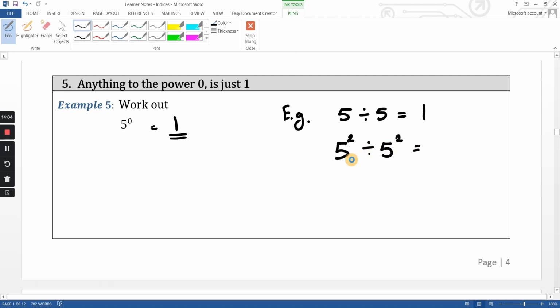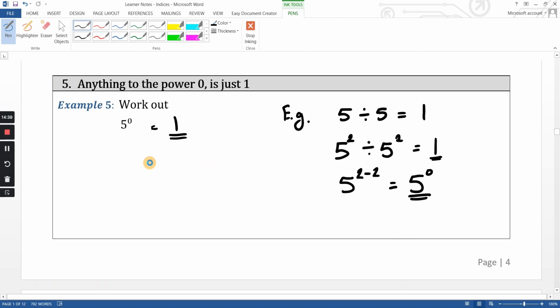Again, 5 to the power 2 divided by itself is going to give you 1 as well. But when you're dividing, remember rule number 2, we can take away the powers as well. So another way of saying this is 5 to the power 2 take away 2, because you're taking away the powers, and 2 take away 2 gives you 0. So this must mean this as well. So they both mean the same thing. So this is the logic behind it.